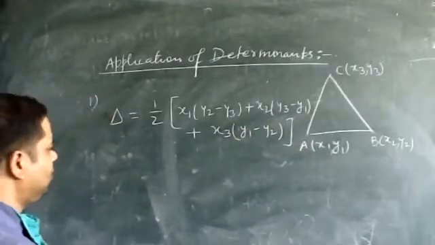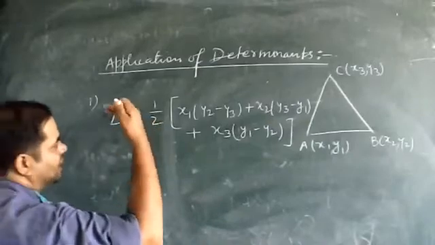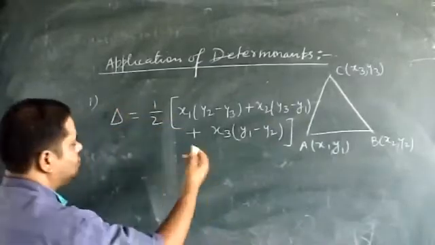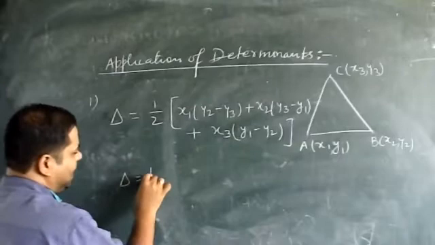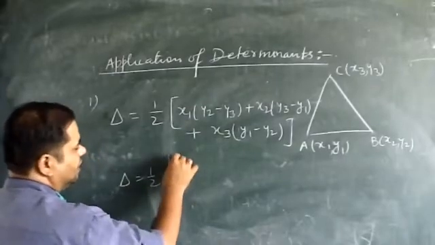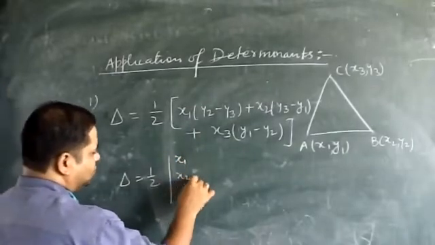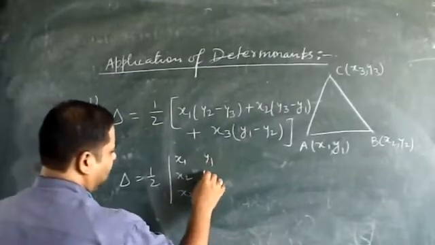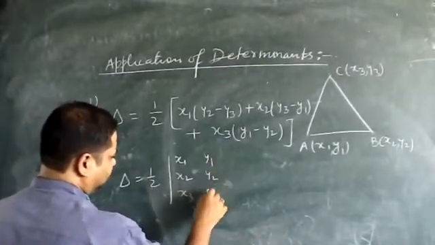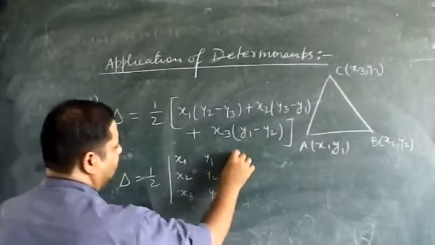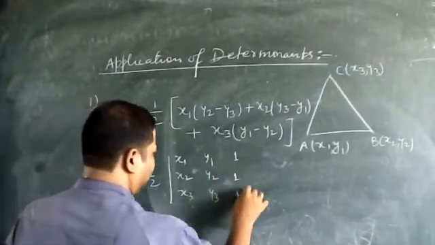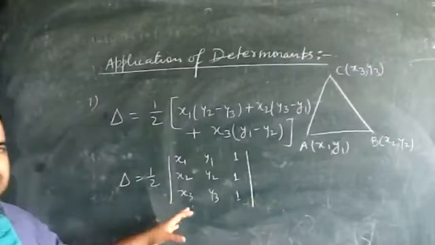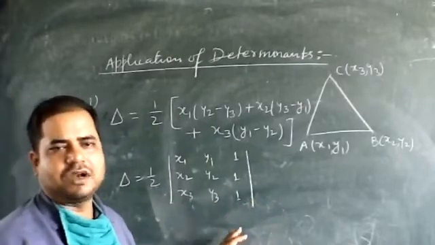Now, what is the application of determinants in this section? We can write the area as the determinant of rows x1, y1, 1; x2, y2, 1; x3, y3, 1. This is the area of the triangle.